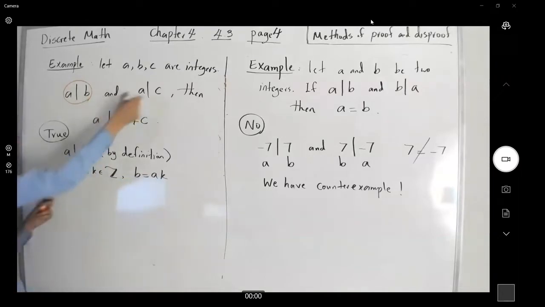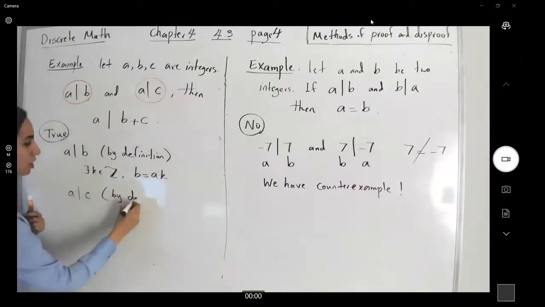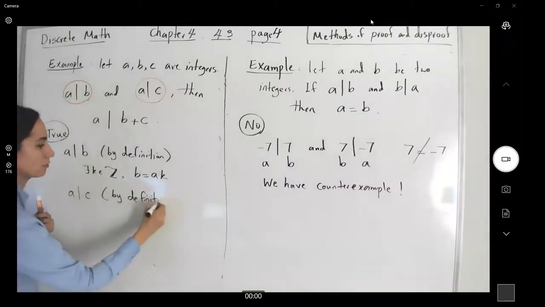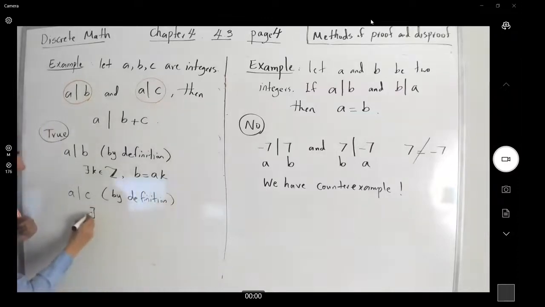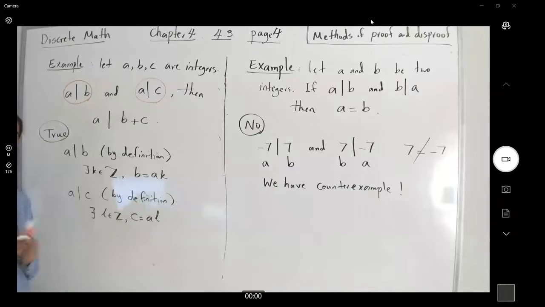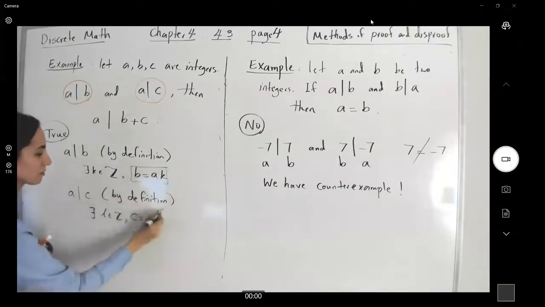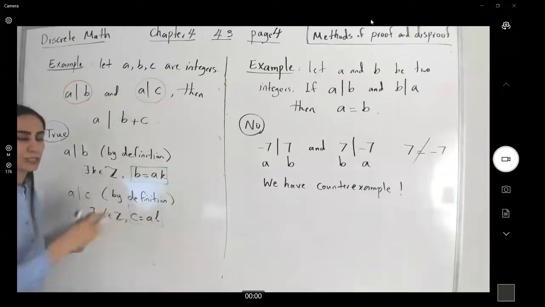Let's take a look at the second part of the assumption. A divides C. Again, by definition, there exists an integer like L such that C is A times L. I'm going to use those boxes that I like to use. I don't want to lose these.